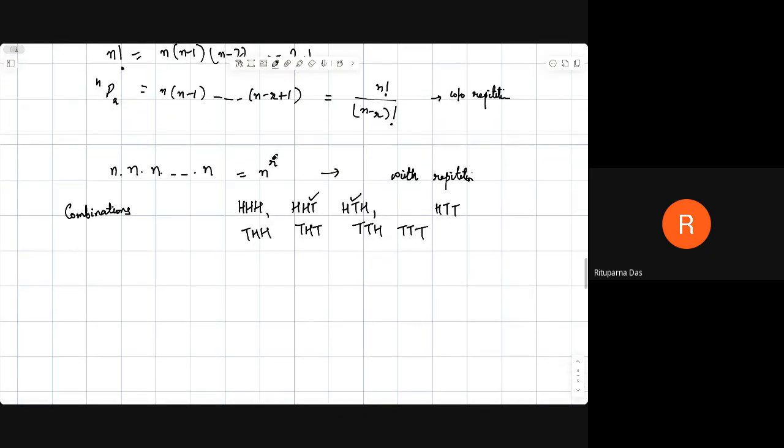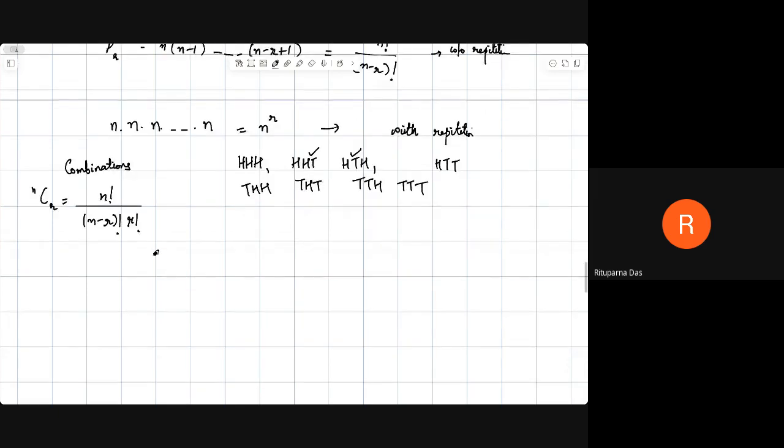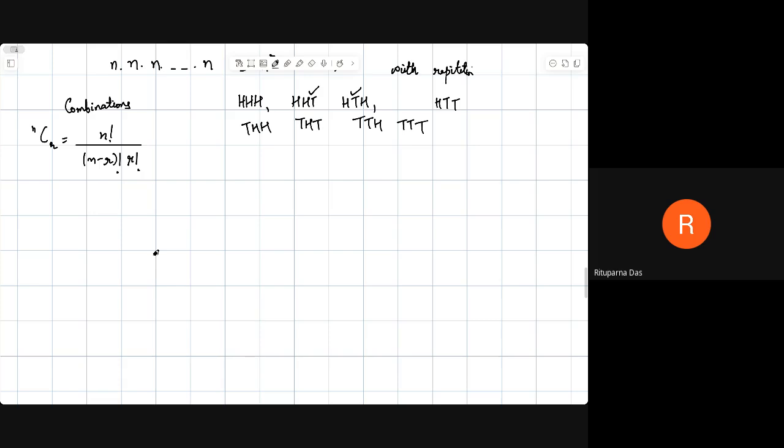So what is happening here? n factorial by n minus r factorial is giving us the permutation, and then this is like the repetition and we are dividing it by r factorial. That's why the formula for combination is n factorial divided by n minus r factorial into r factorial. So we eliminate the repeated number of ways by dividing the formula of permutation by r factorial.